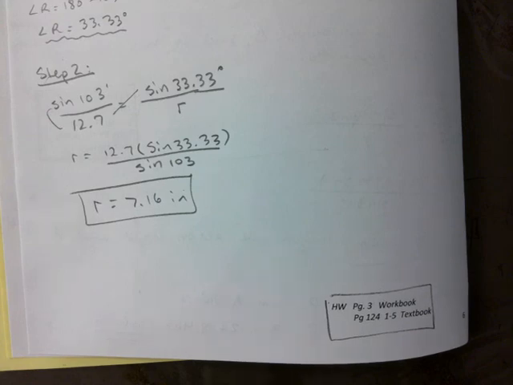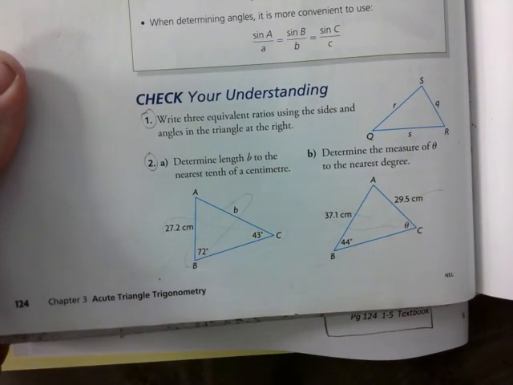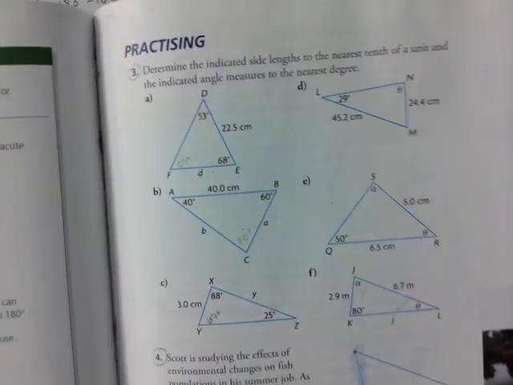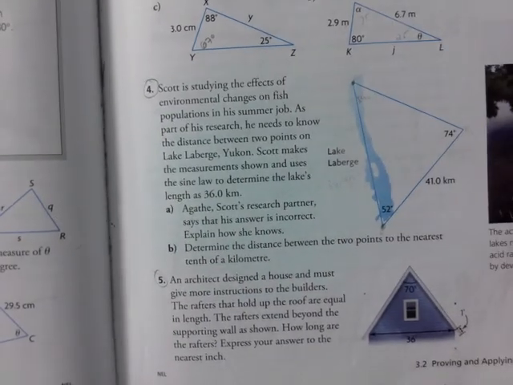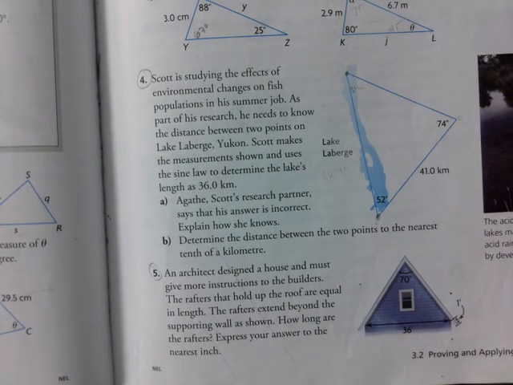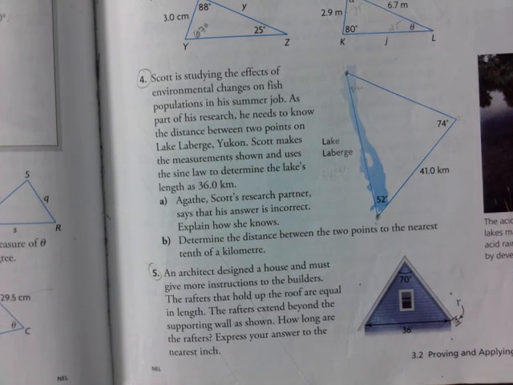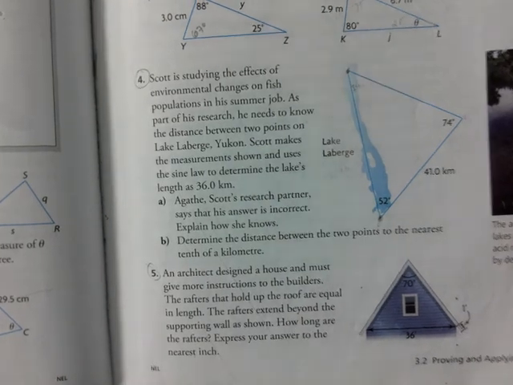So page 124, 1 to 5. Yeah, so there they give you the diagrams, right? And you're just supposed to solve for what's missing. There are 2 word problems there, but they do have a diagram. So give it a try, right? That's a good introduction to word problems. You should be able to use what you've learned today to answer what they're asking you for.